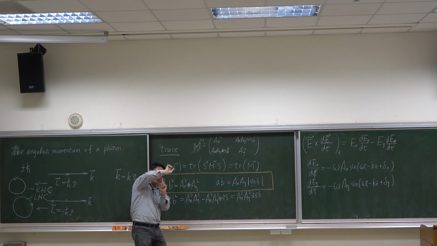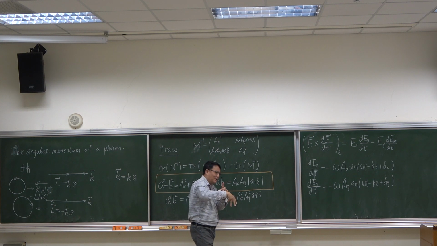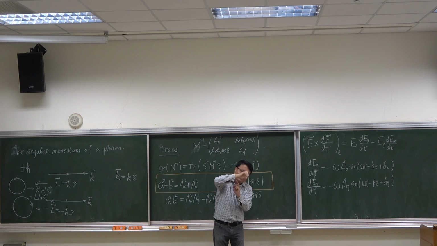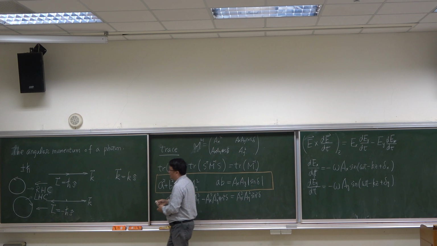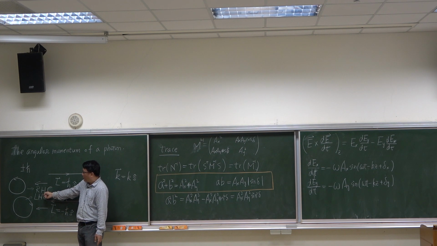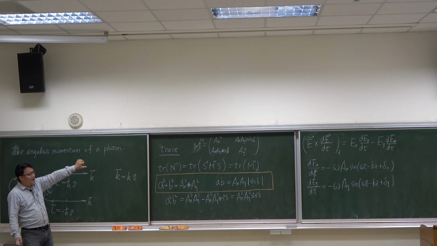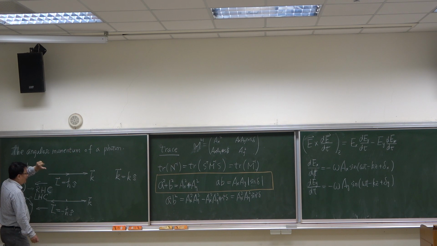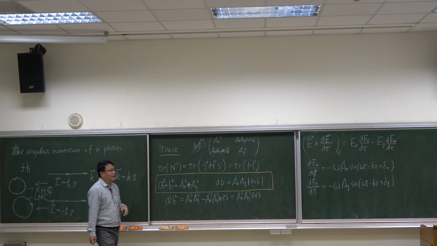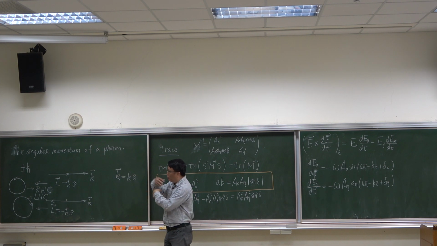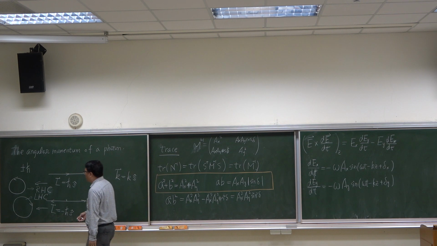If it revolves along the K vector in a right-hand sense, then they call it right-hand circularly polarized, and if it revolves in the left-hand sense, then they call it left-hand circularly polarized light. So these two different definitions give us different results.